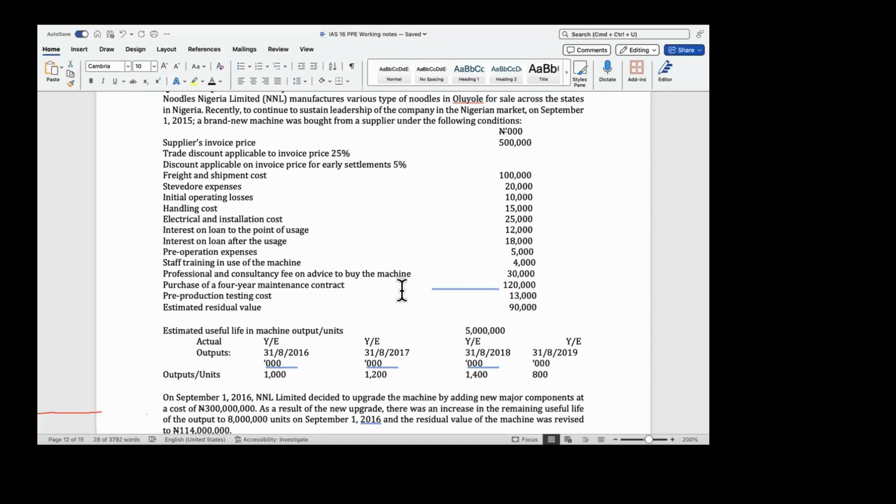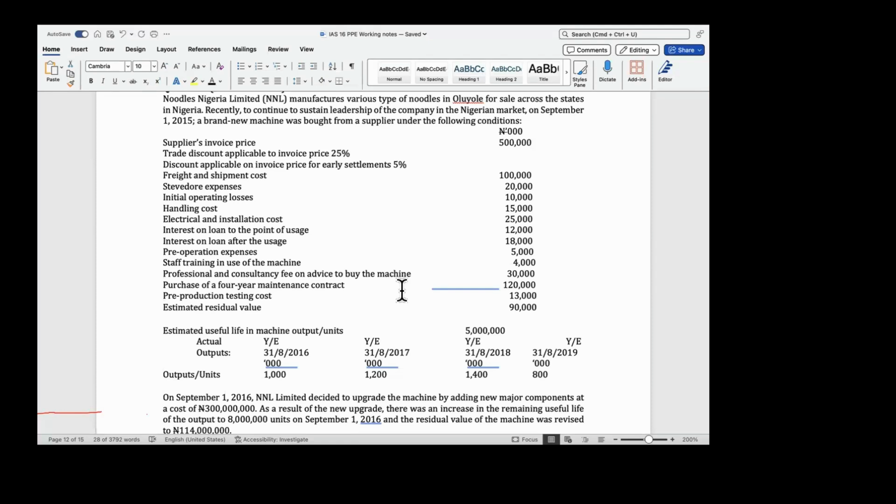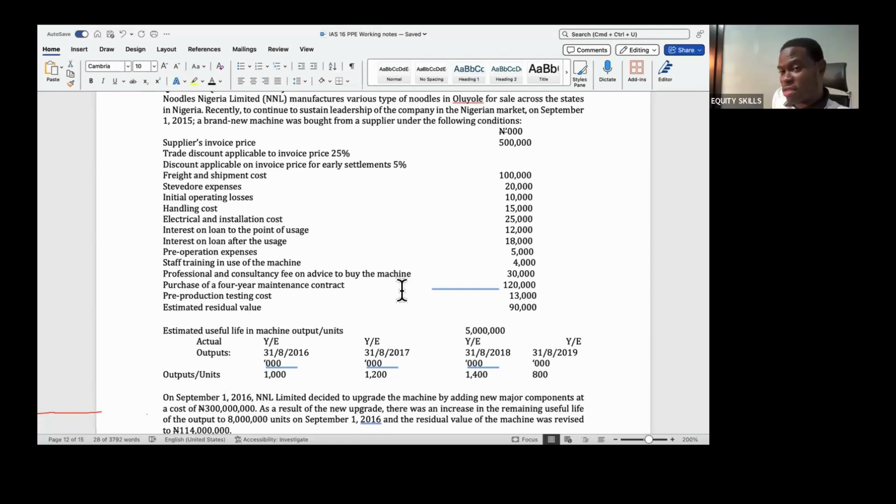Is it supposed to be capitalized or expensed? You know the answer. You tell me, because the answer is very clear. What do you think? Capitalized? That's correct. Okay. Capitalized.